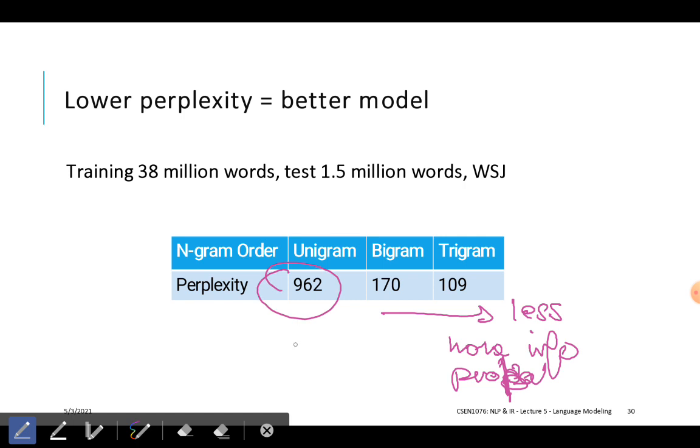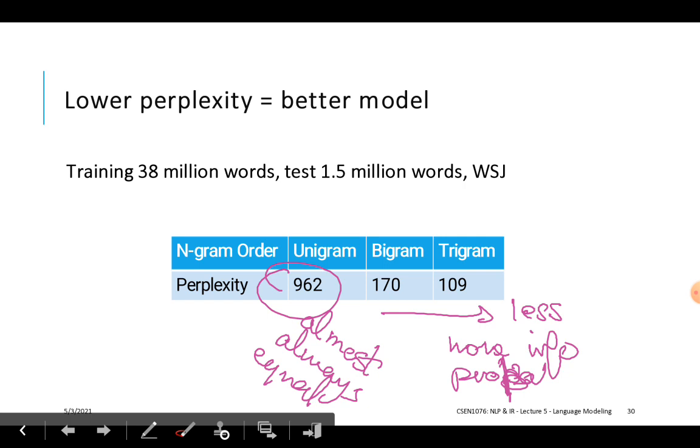Here, probabilities are almost always roughly equal. But here, since you have bigrams, the probability of a word after a word gets a bit higher, and so on.